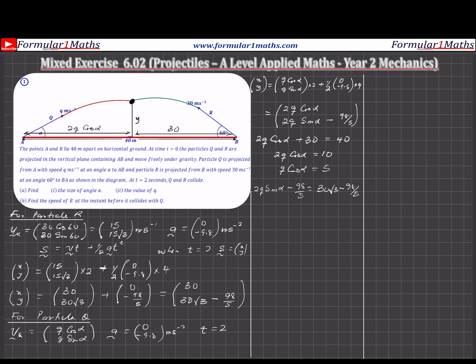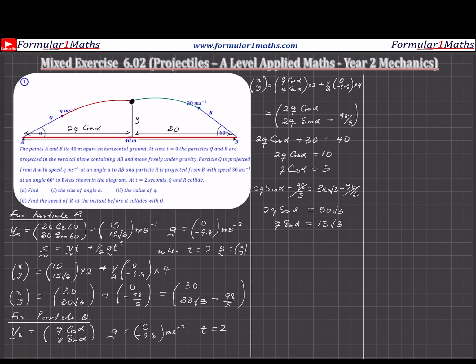So as you can see, this will cancel with that, and the equation reduces to 2q sine alpha equals 30 root 3, which also means that q sine alpha is equal to 15 root 3.